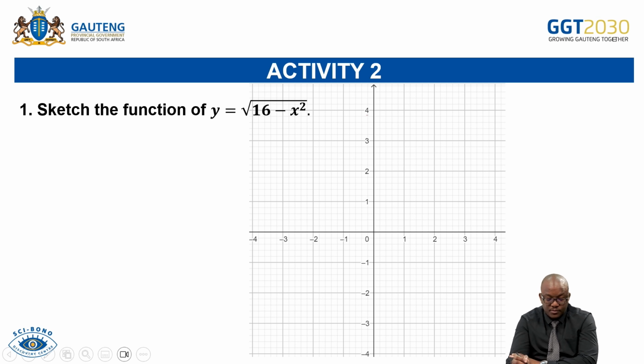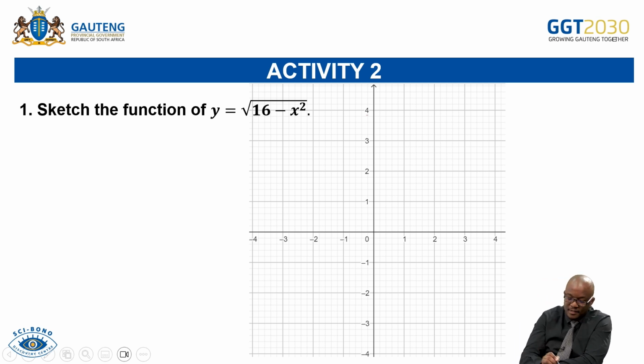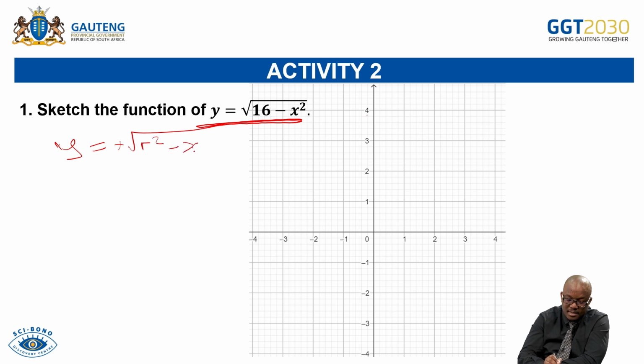So with this one now, we have to sketch that function of a semicircle. Remember, we have y equal to, there it is positive, the square root of r squared minus x squared. In this case, that 16 there represents our r squared.